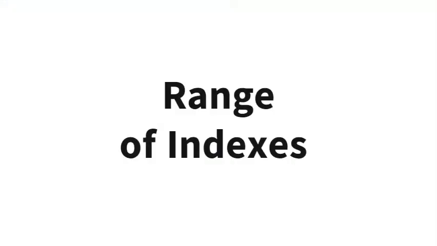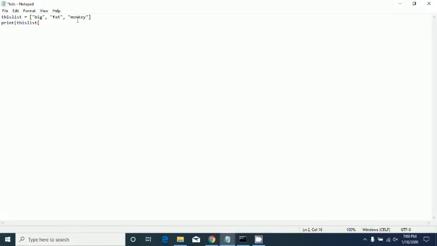So now we're going to learn about range of indexes. Don't completely erase it, because we're going to use the same thing for a lot of the topics. We're going to use colons to represent this. I also covered this in another video.